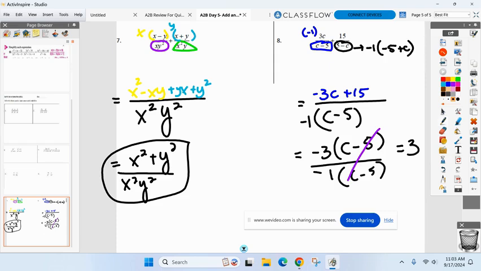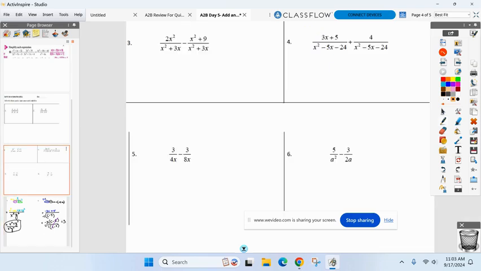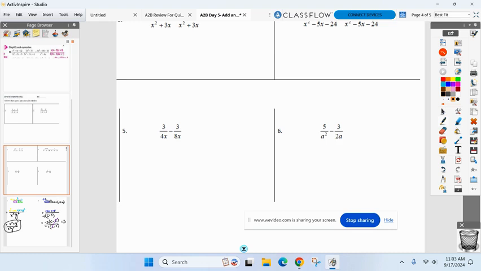All right, can you go over number 6? Same denominators. 6 is kind of similar to what I'm going to give you tomorrow on the quiz. First question. Not the same. They have a's, right? What's our rule? Take out the one with the highest exponent, which would be a squared.